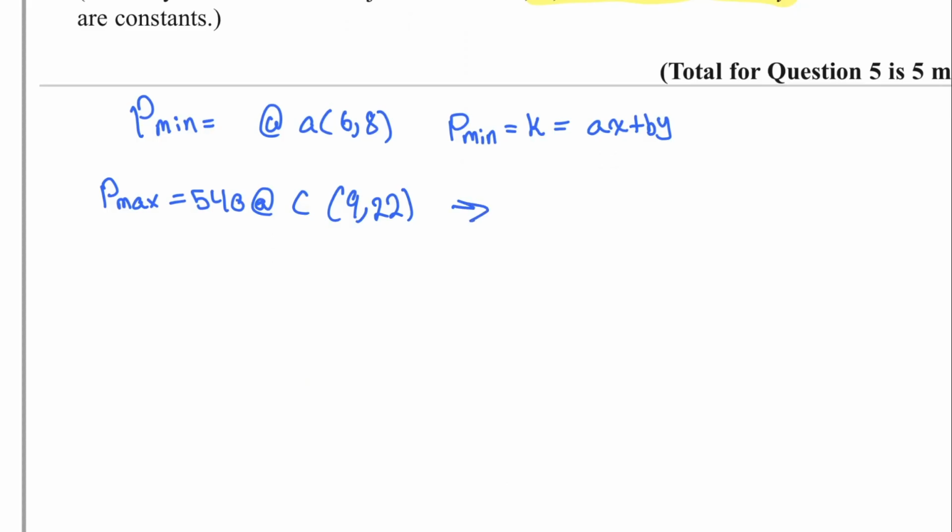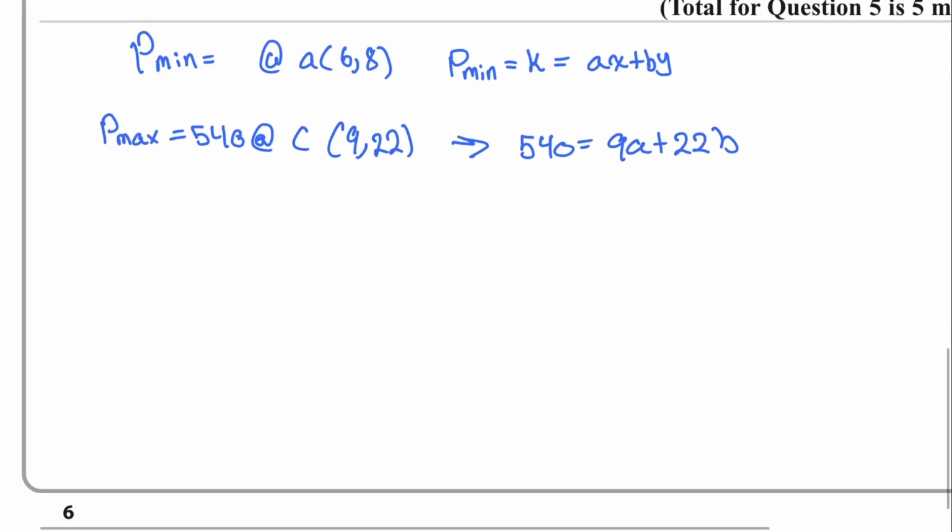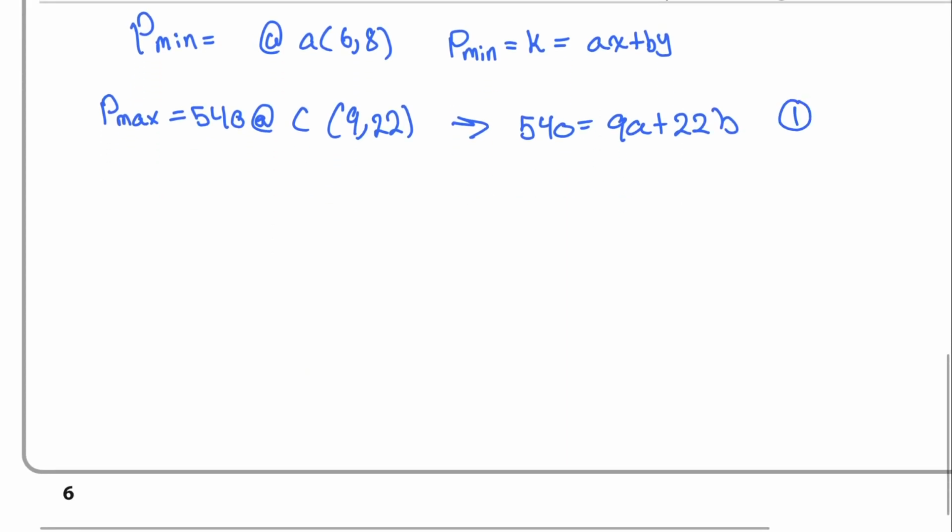So we can say that 540 is equal to 9A plus 22B. Now we're going to label this as our first equation.